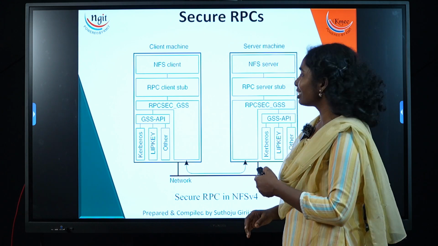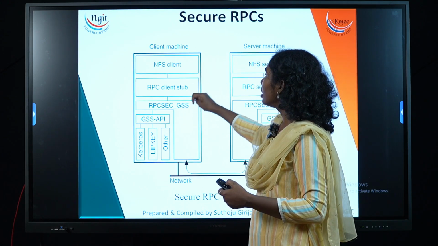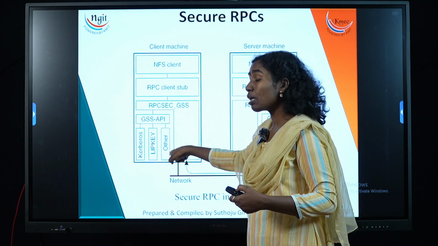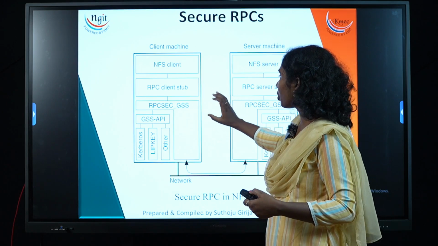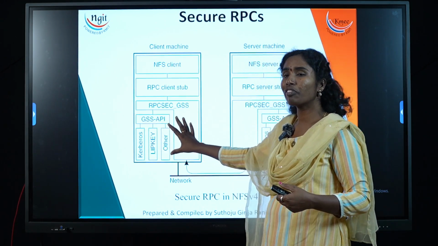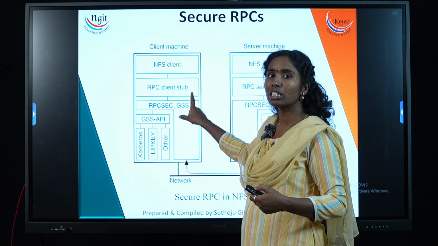Next, secure RPCs. In secure RPCs, we have the client machine and the server machine. In the RPC client stub, we have a framework. In this framework, we have RPC security by GSS, the generic security service.